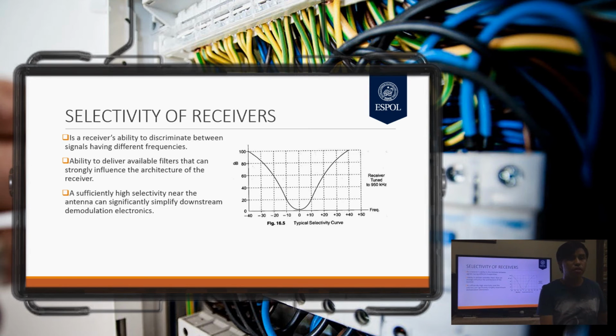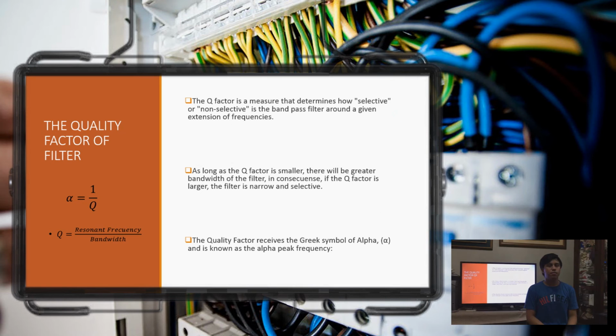This is the receiver's ability to discriminate between signals having different frequencies. Available filters can strongly influence the architecture of the receiver, and a high selectivity near the antenna can significantly simplify the downstream modulation electronics.